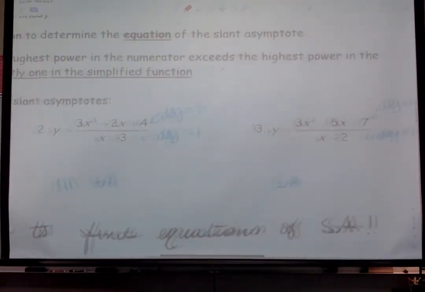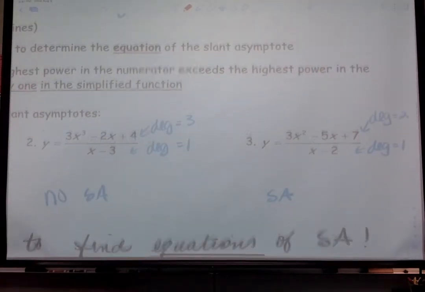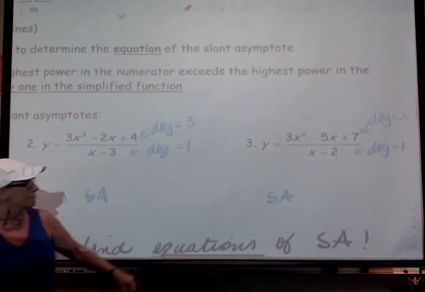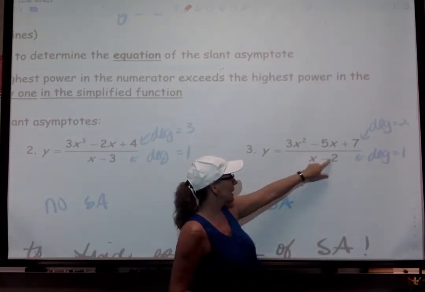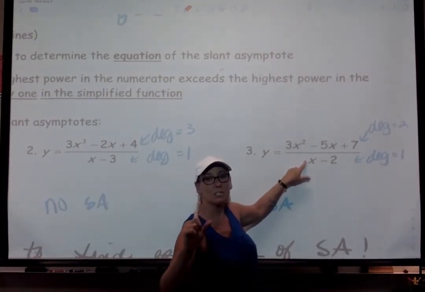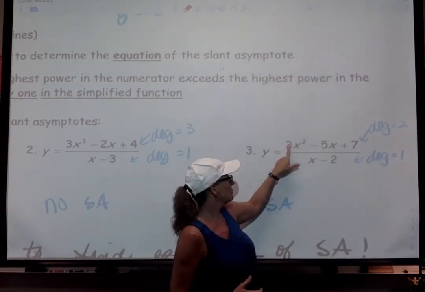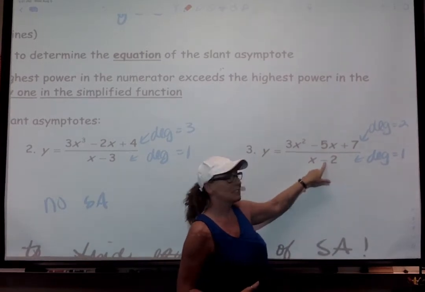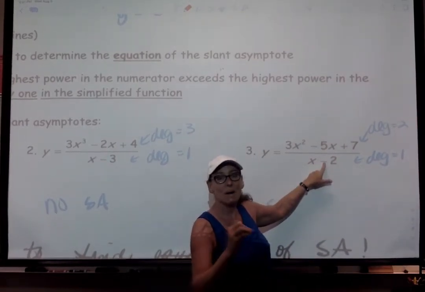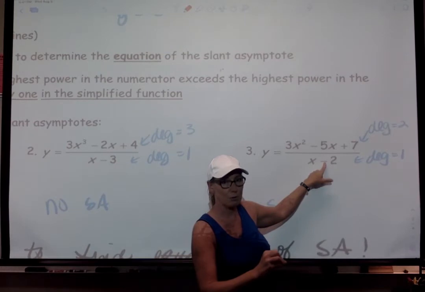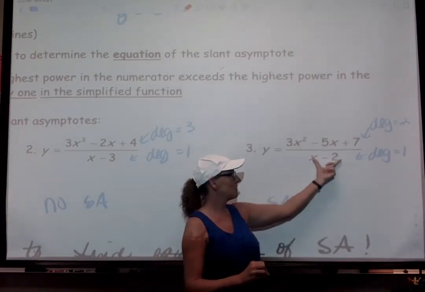Let's see, where else did I have a slant asymptote? Number 3. I think since this is a linear factor with a leading coefficient of 1, I'm going to show you. Let's do our division using synthetic division. So let's grab our coefficients and let's send positive 2 through. Make sense? This would be a factor.